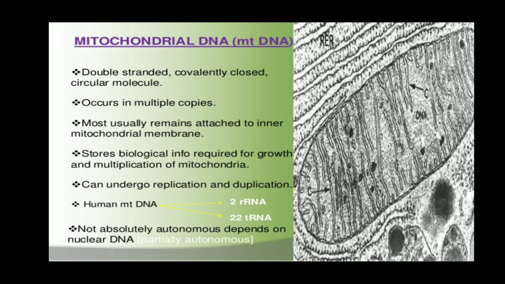Okay, then we'll see about the mitochondrial DNA, that is mtDNA. The mitochondrial DNA is a double-stranded, covalently closed circular molecule, like in bacteria, and it occurs in multiple copies. Mostly it remains attached to the inner mitochondrial membrane.